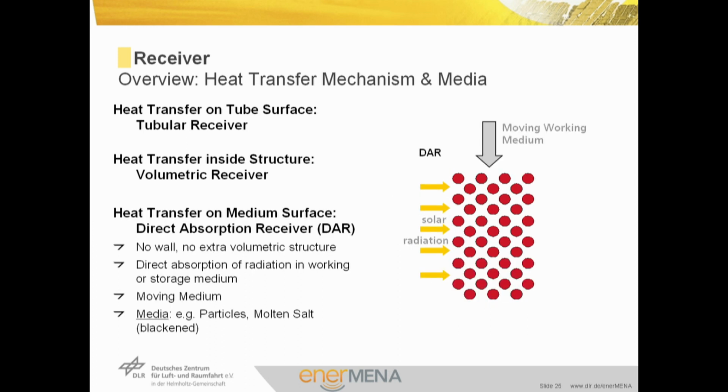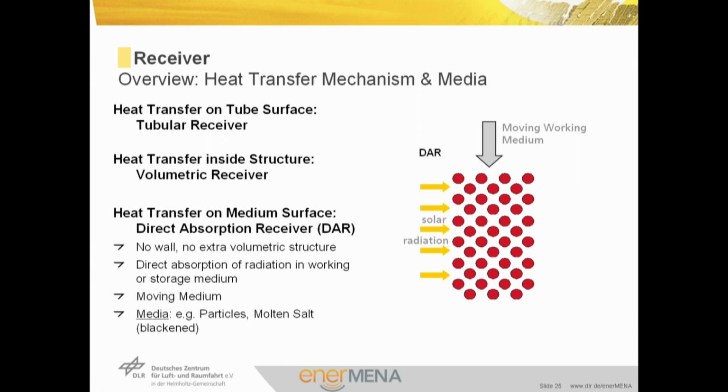There is a third option. It is also possible to irradiate directly a receiver working medium which is flowing through the receiver. That means solar radiation is focused on a moving bed of particles, for example, or even a moving molten salt film, and this film is heated while it is moved through the focal region.